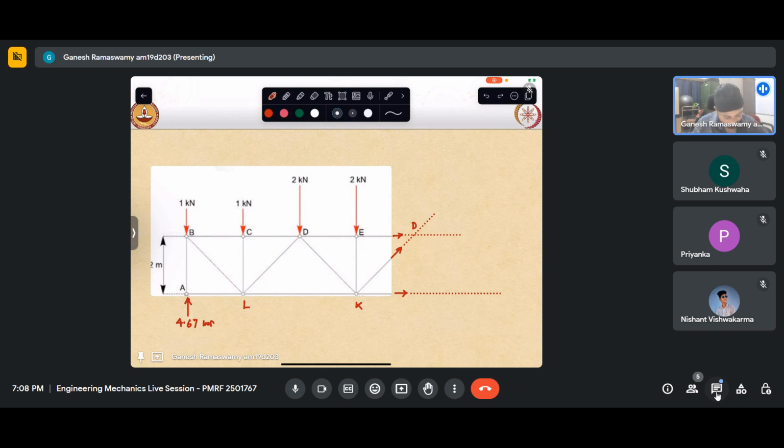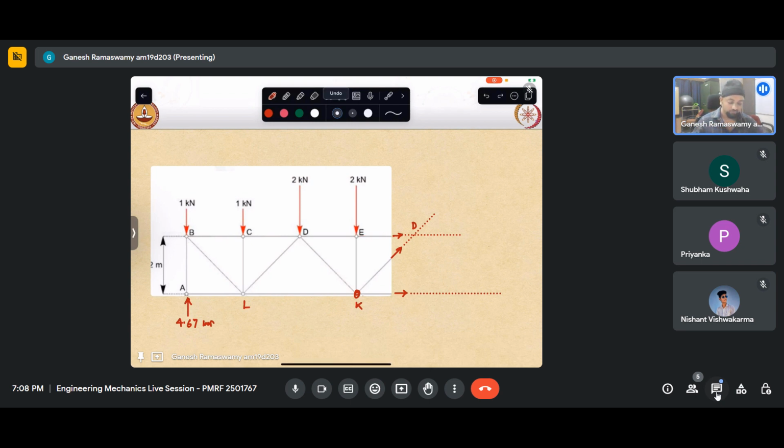So if this is the joint, I have put a force that is pointing away from that joint. Here I have put a force that is pointing away from the joint. This member is not cut by the section, so the force in that member doesn't get revealed. Only the cut members' forces get exposed. Now this ED member is connected at joint E, and I have put the force away from the joint.